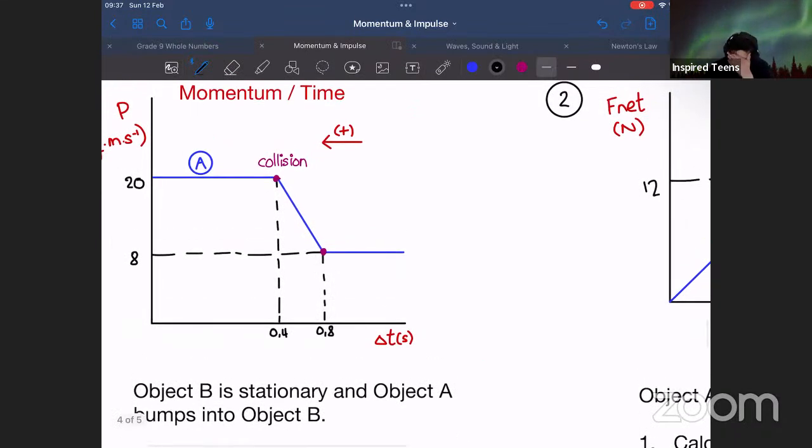okay. So direction is important. 1 second.